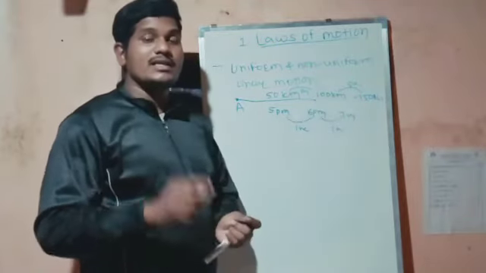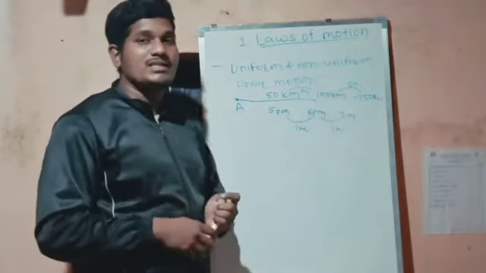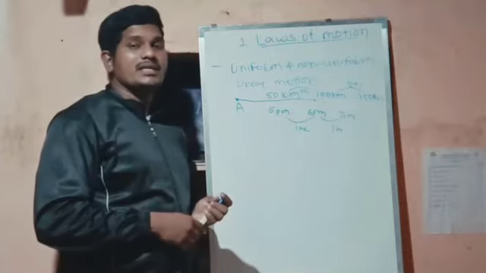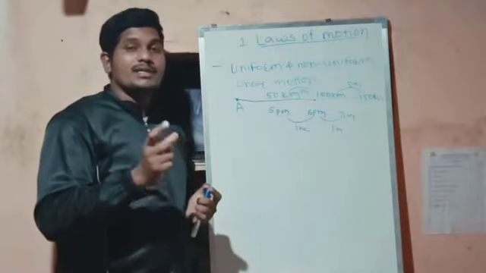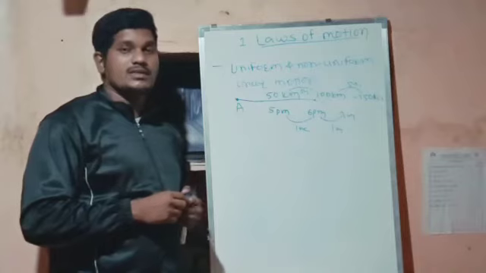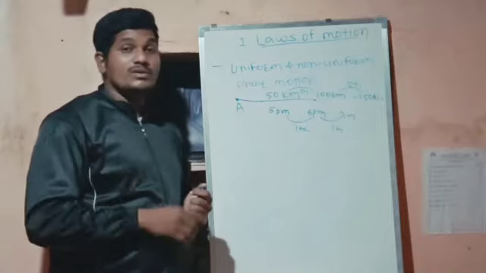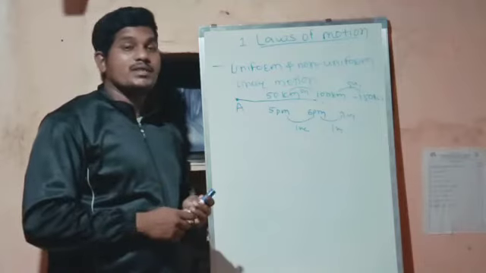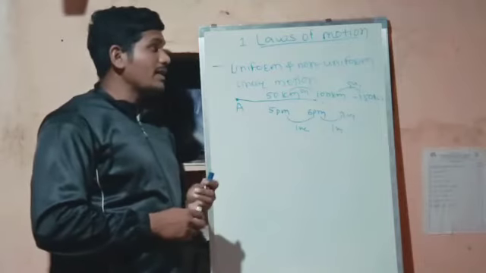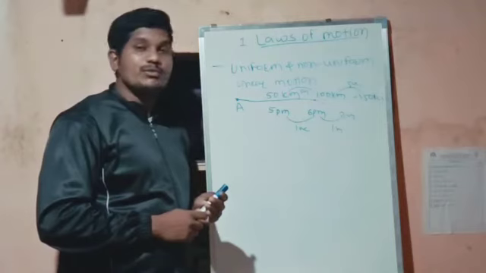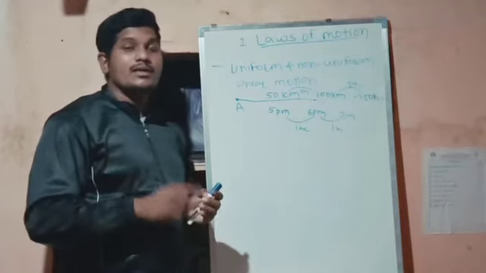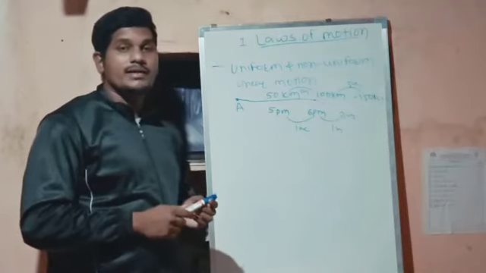So as you can see, the time interval is the same, but in that time interval, the distance covered by that particular object is not the same. This is how we can understand uniform and non-uniform linear motion.